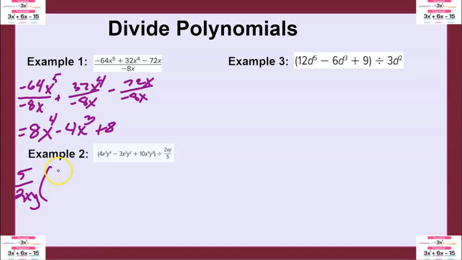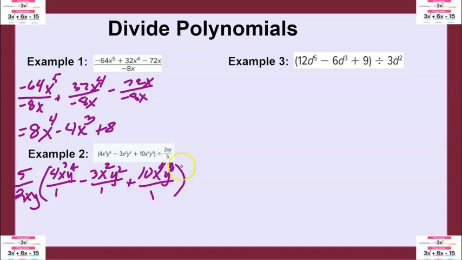And then I'm going to distribute that. So this would be 4x to the 3rd, y to the 4th over 1 minus 3x squared, y squared over 1 plus 10x to the 4th, y to the 3rd over 1.